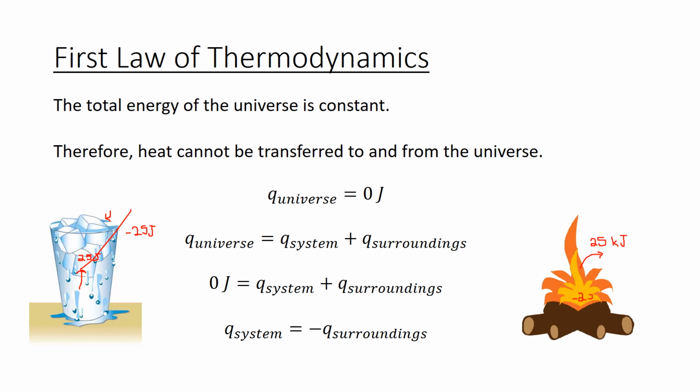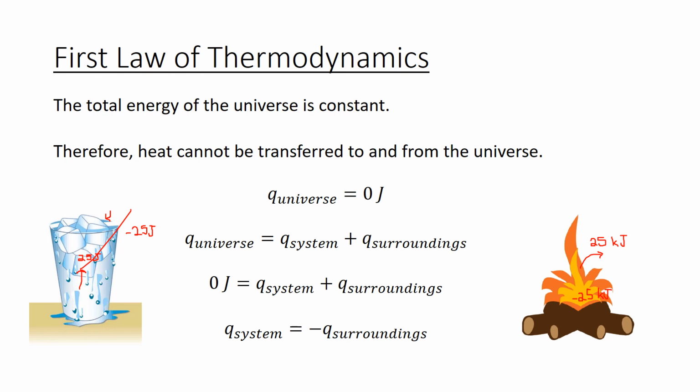And that's mainly coming from the combustion reaction of the firewood. So if the fire is losing 25 kilojoules of heat, then the surroundings are gaining 25 kilojoules of heat.